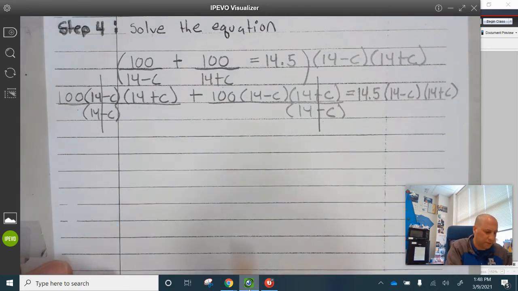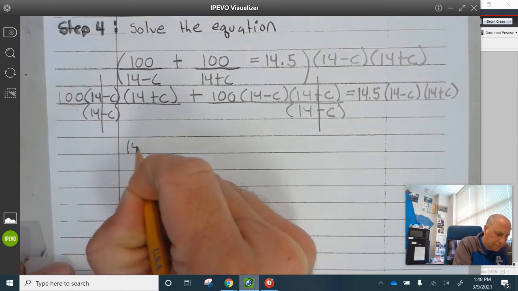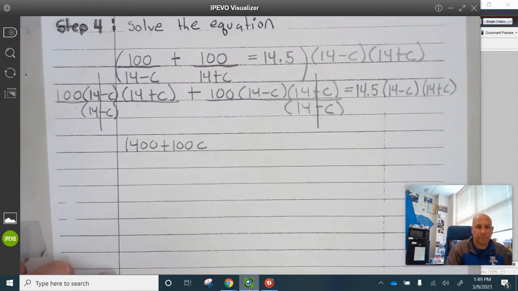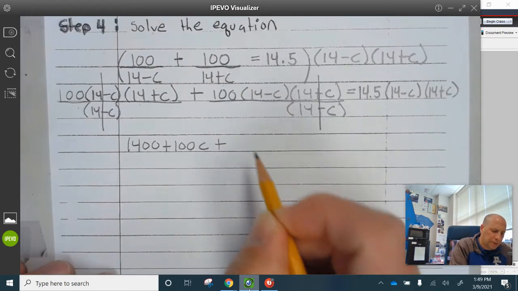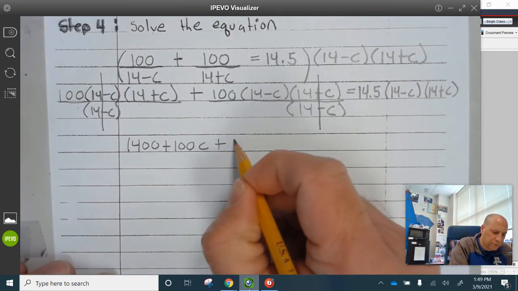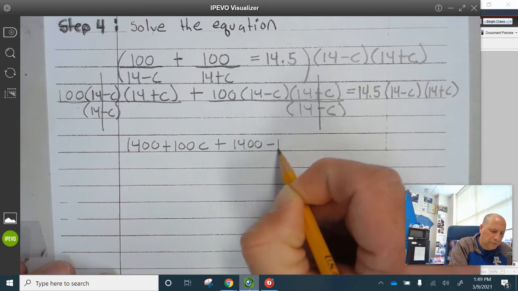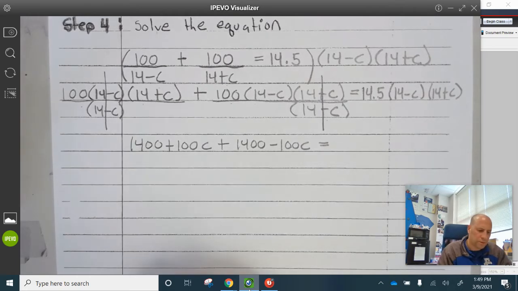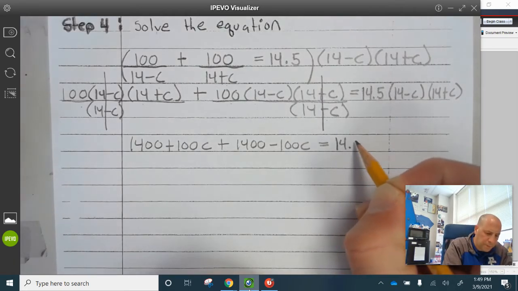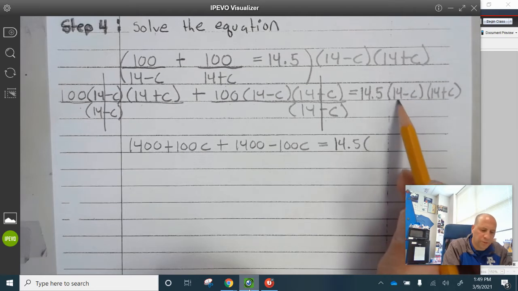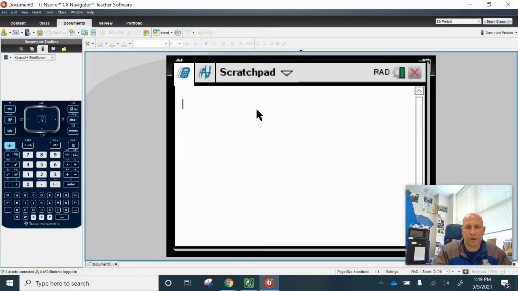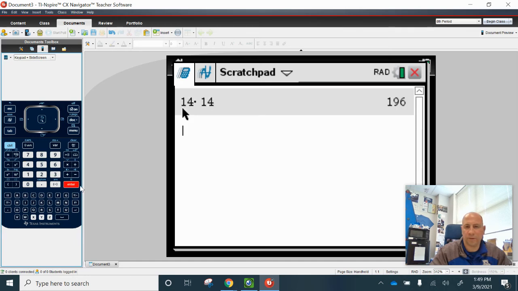100 times 14 is 1400 plus 100c, plus 100 times 14 minus c is 1400 minus 100c, equals 14.5 times, let's go ahead and FOIL this. 14 times 14 is 196.